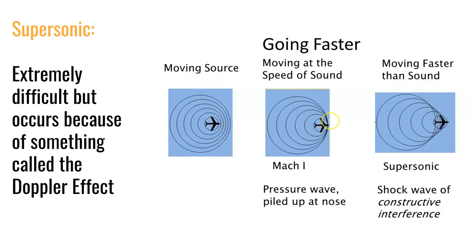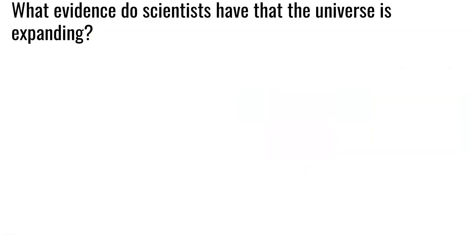So pressure starts to build up at the nose of the aircraft, and on the image on the right we can see that the aircraft is busting through the sound barrier, and so it's leaving a trail behind where those frequencies appear to decrease, or the wavelengths appear to increase.